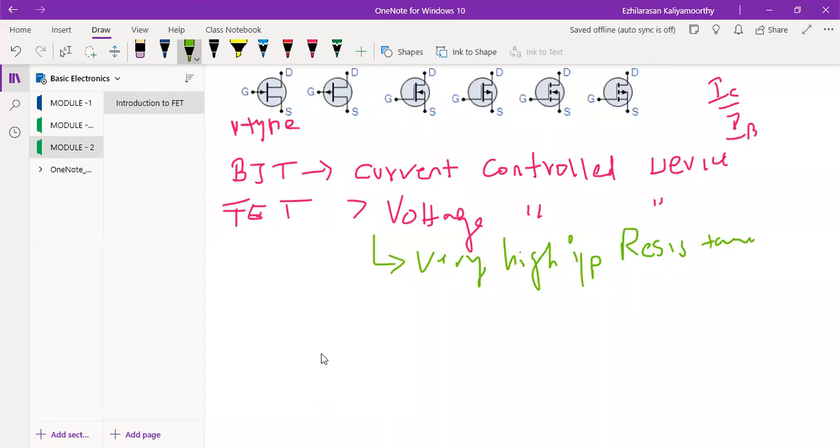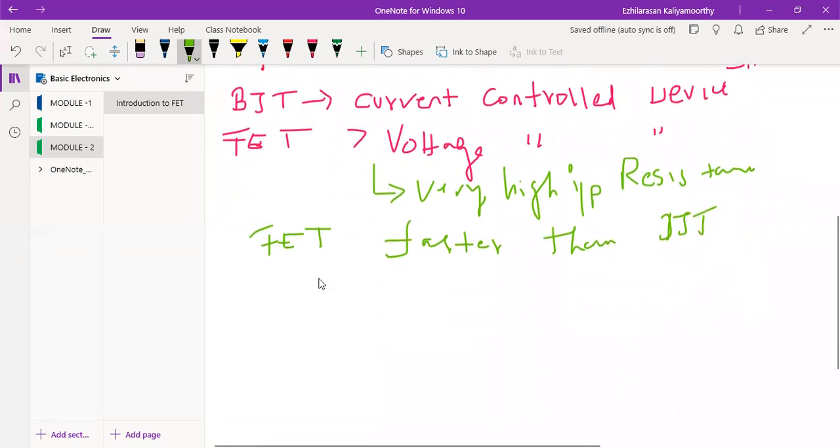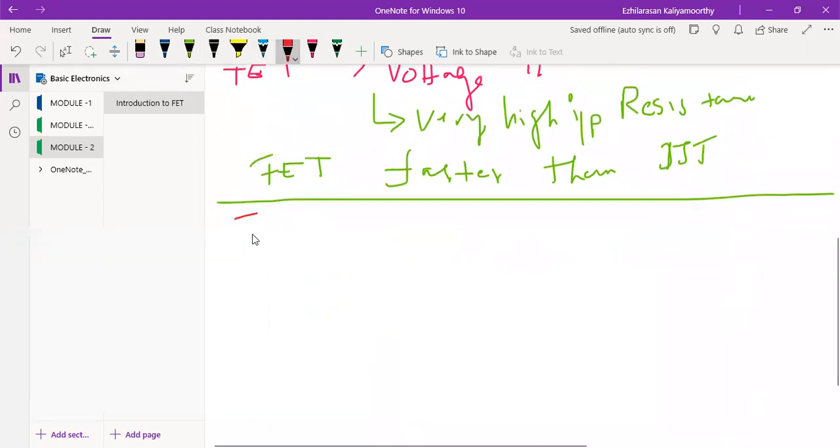But commonly the JFET will not be used, wherever it is required in low voltage switching applications, there only we use the FET, because it is generally faster than the BJT. You have not studied the BJT, but just for your sake I am saying, you have to think. Now let us discuss first the JFET.